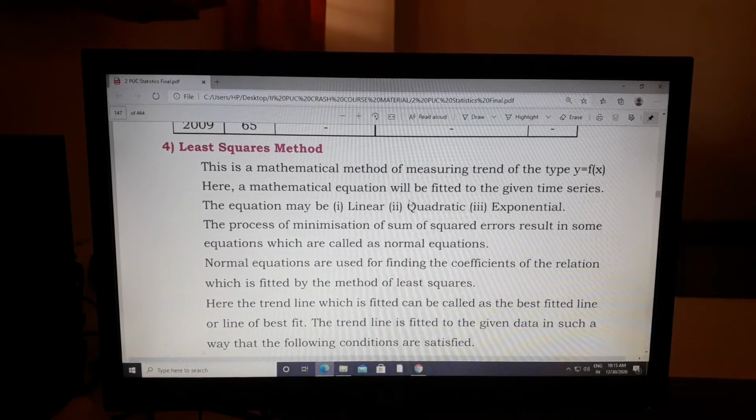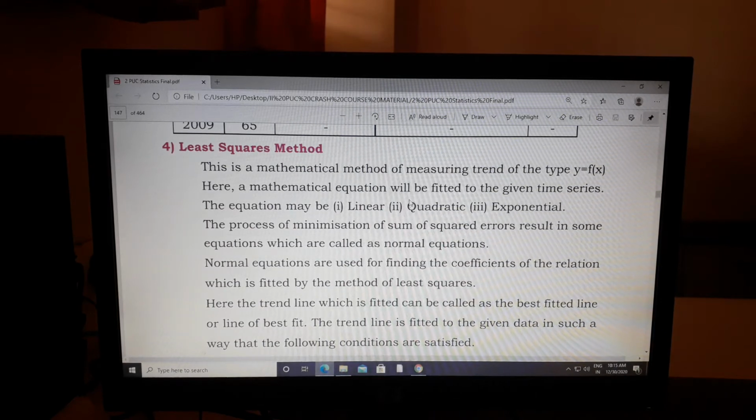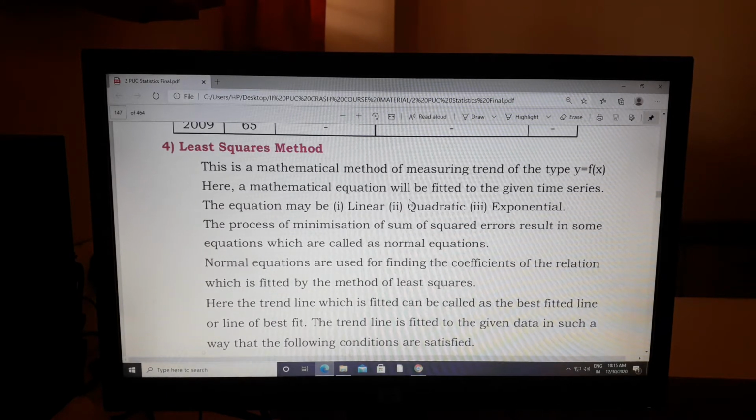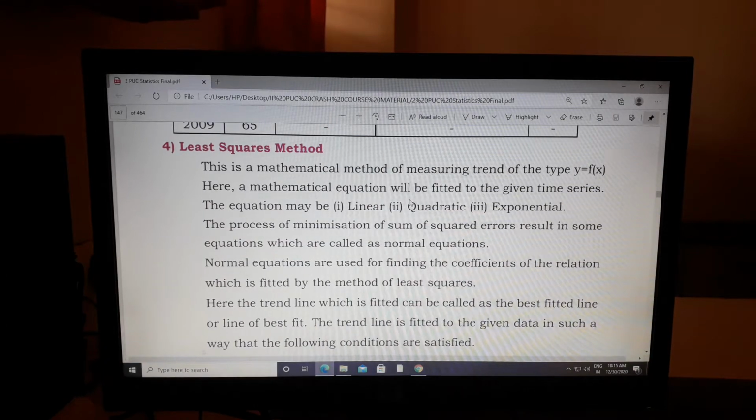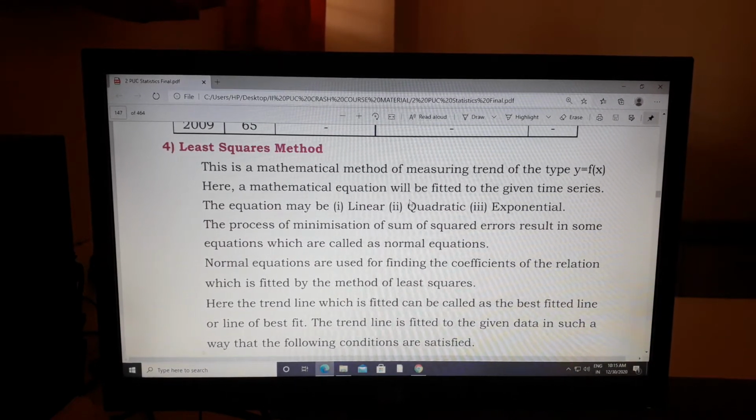Remember, generally, if you observe, time series data is usually calculated or evaluated for finding the future value, isn't it? Estimating the future value. But the graphical method failed to calculate the future trend, and even the semi averages and moving averages methods.